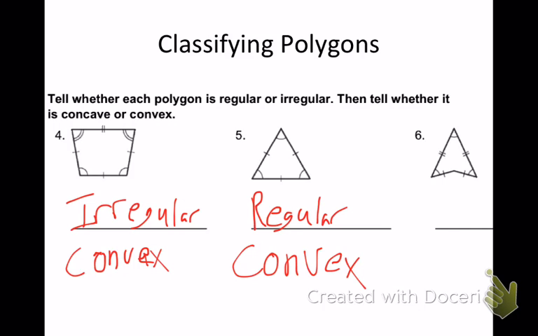Why is it a quadrilateral? There are 4 sides. That makes it a quadrilateral. So is that a regular or irregular quadrilateral? That is irregular. And then, as we've mentioned already, it would be what? Concave. Concave. Yep.